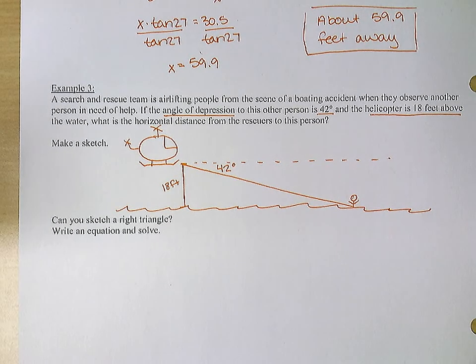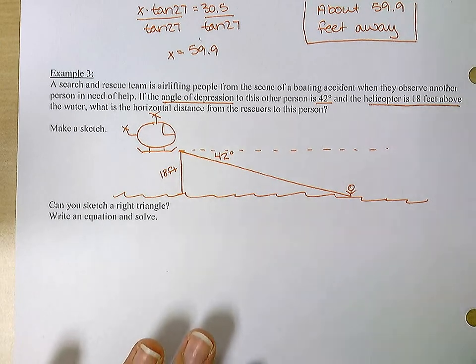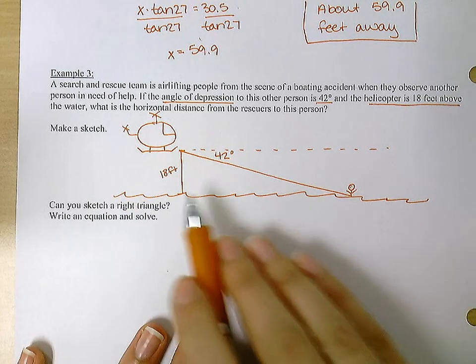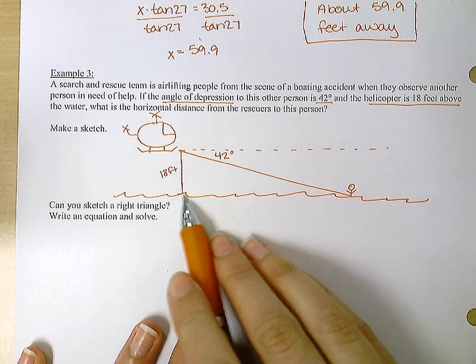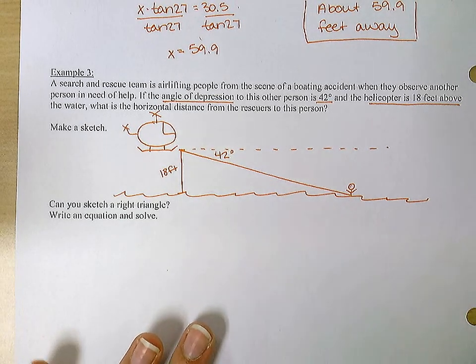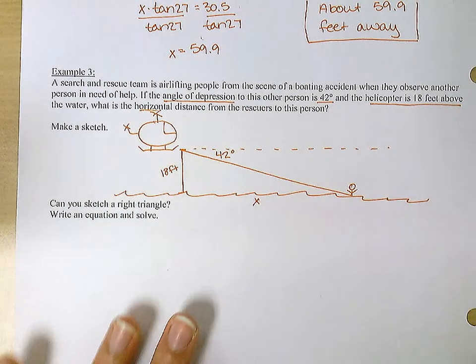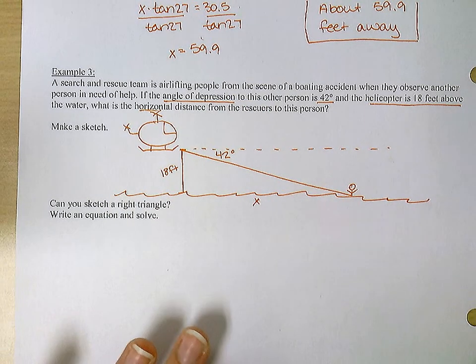So my 42 degrees would be that top angle there, not the one between vertical and line of sight. From here, I need to find how far away the rescuers, so the people in the helicopter, are from the person. And that's the horizontal distance. So again, I'm looking for this horizontal distance here.